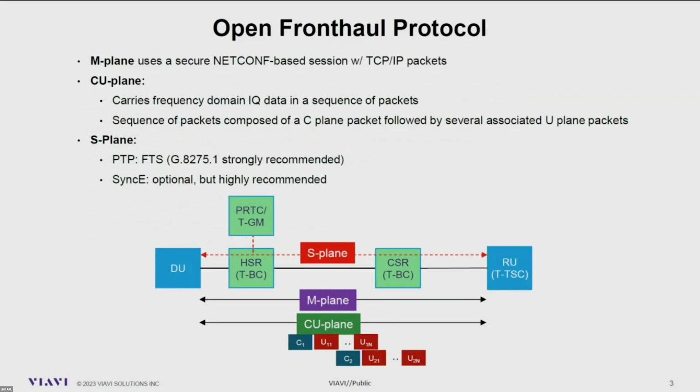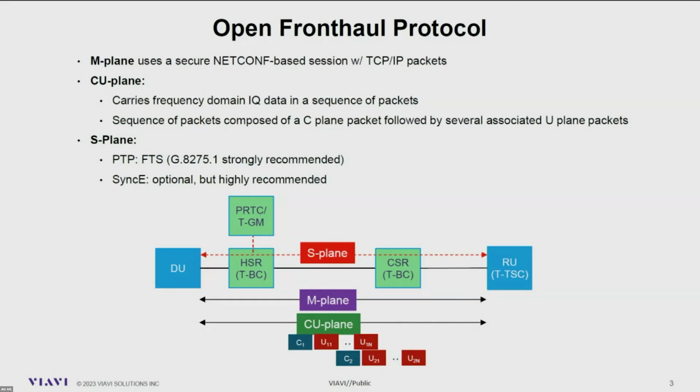So first, open radio, and we talk about open front haul several times today, but this is a different way of looking at it. Like I said, I'm more of a transport layer 0, 1, 2 person, and layer 3. So what is happening in open front haul? There are two major specifications. One is the M plane.